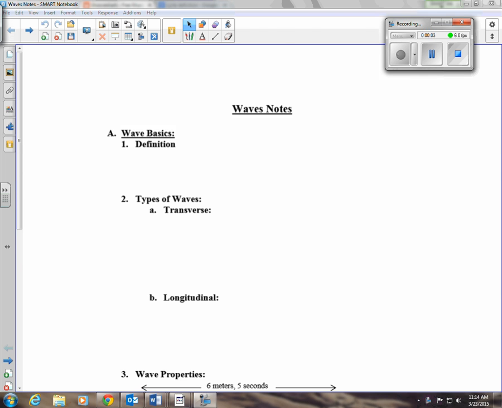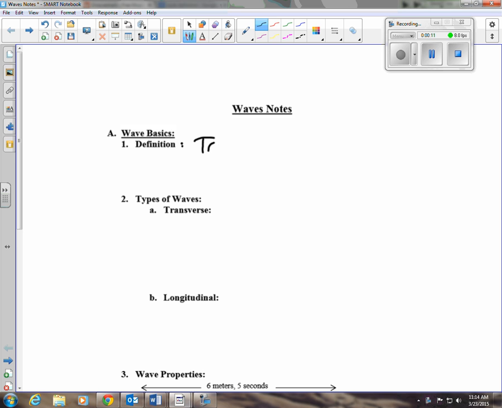This is going to be the start of our waves unit. And wave basics, the definition of a wave is going to be the transfer of energy by vibration of a medium.